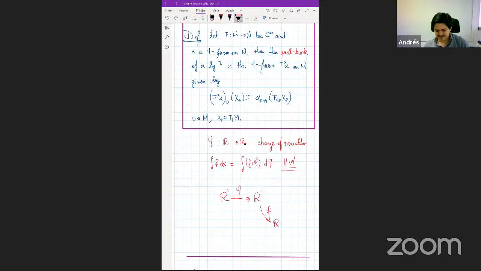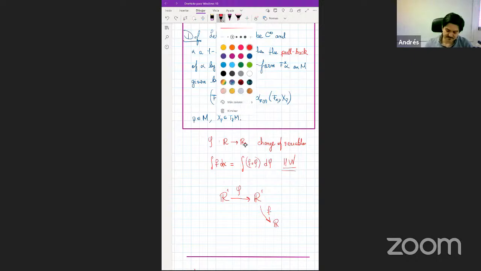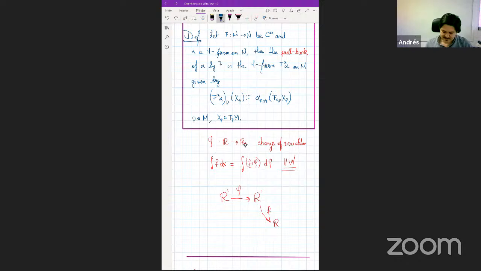Okay? So let's say you have here your variable s and your variable t. So in one way, you will try to compute the first one. Okay. But now, the other one, what is the relation between the two?